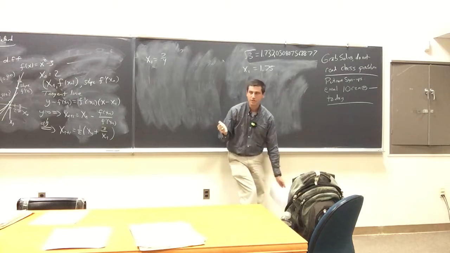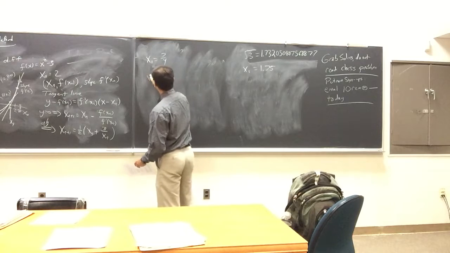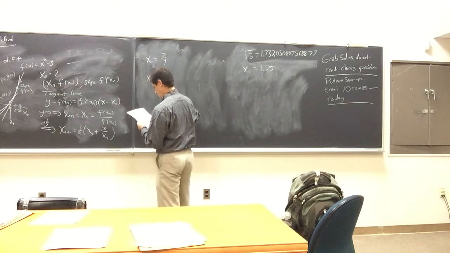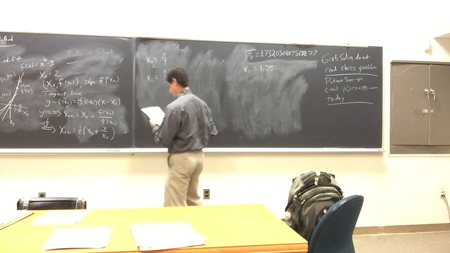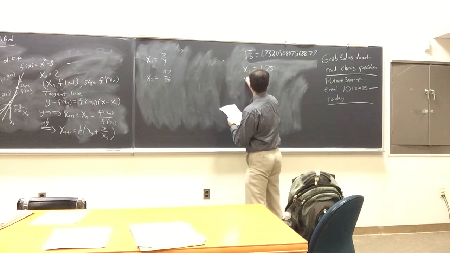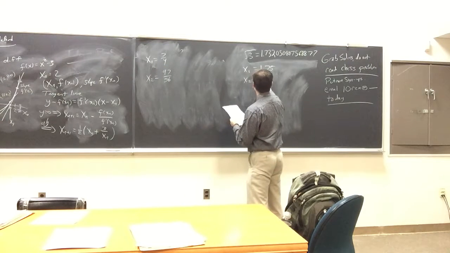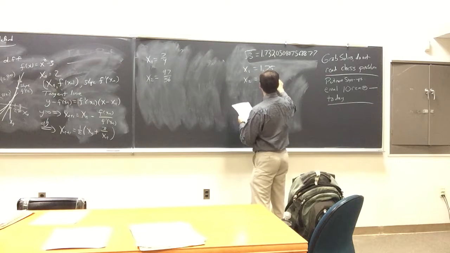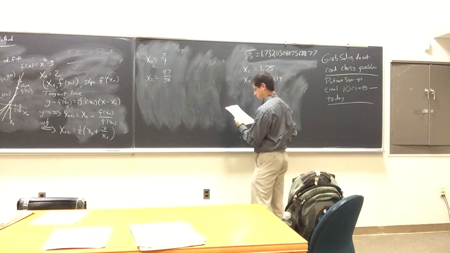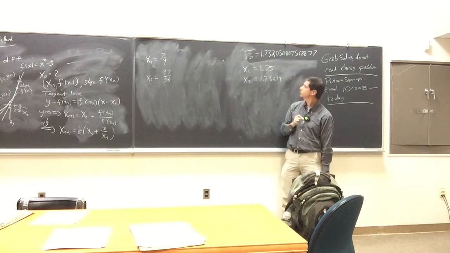Really simple, just doing one tangent line. All right? x2, and again, I have no desire to memorize these, is 97 over 56. So x2 is 1.73214. What do you think?